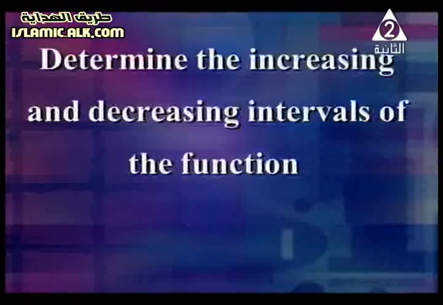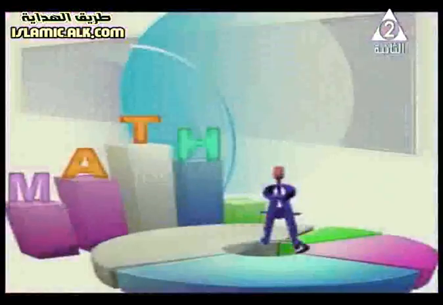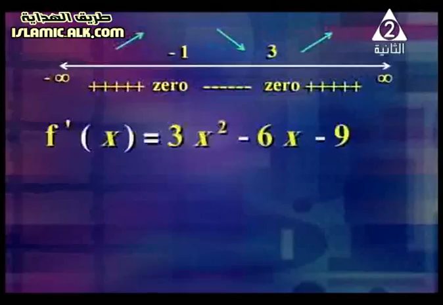Determine the increasing and decreasing intervals of the function x power 3 minus 2x power 2 minus 9x plus 1. Solution. Look, dear student, we find f dash x: 3x power 2 minus 6x minus 9.